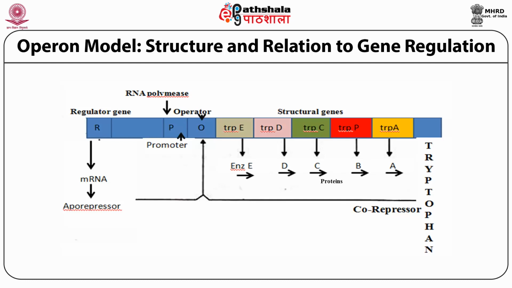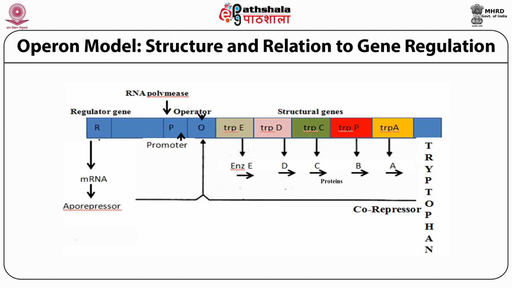In simple terms, it is usually a sequence of DNA at the beginning of the operon to which the RNA polymerase enzyme can bind. Binding of the RNA polymerase enzyme initiates the production of proteins.